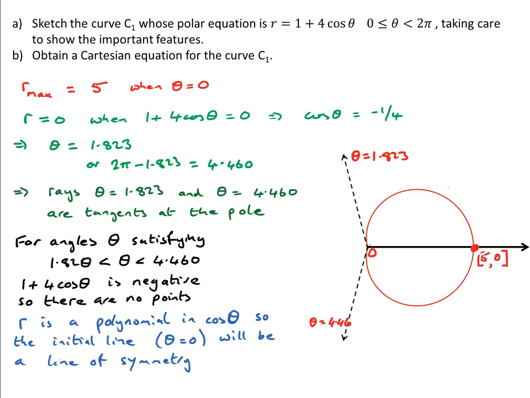Notice that the curve C1 passes through the point r equals 5, theta equals 0. It passes through the pole. It's got the ray theta equals 1.823 as a tangent to the pole, and also theta equals 4.46 is a tangent at the pole. And we've got the symmetry about the initial line.